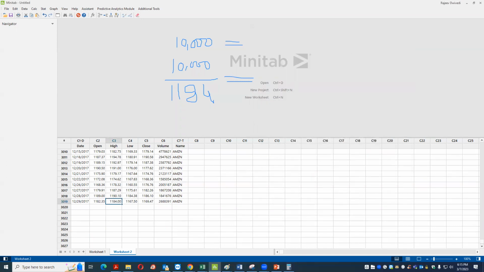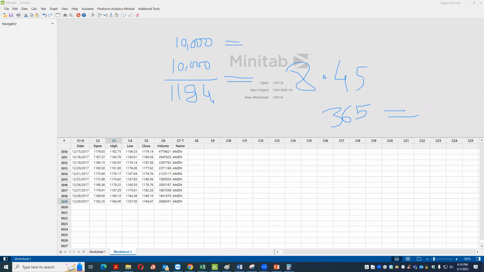So we will get roughly 8.45 stocks. Okay, now we need to project for 365 days. After 365 days, what would be the value? How much return on my investment will I get?